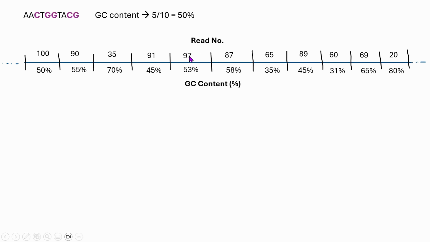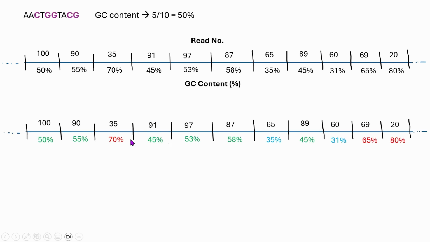Now above you can see the number of reads we get after sequencing from each region. For example, from this region we get 100 reads, but from this region we get only 60 reads. And from this region we get an even lower number of reads, for example 35 right here. Now let's look at this even more carefully.